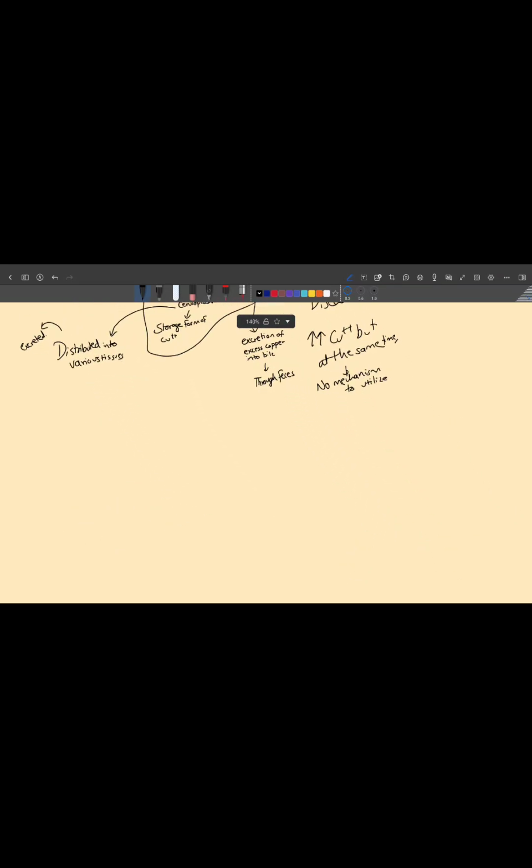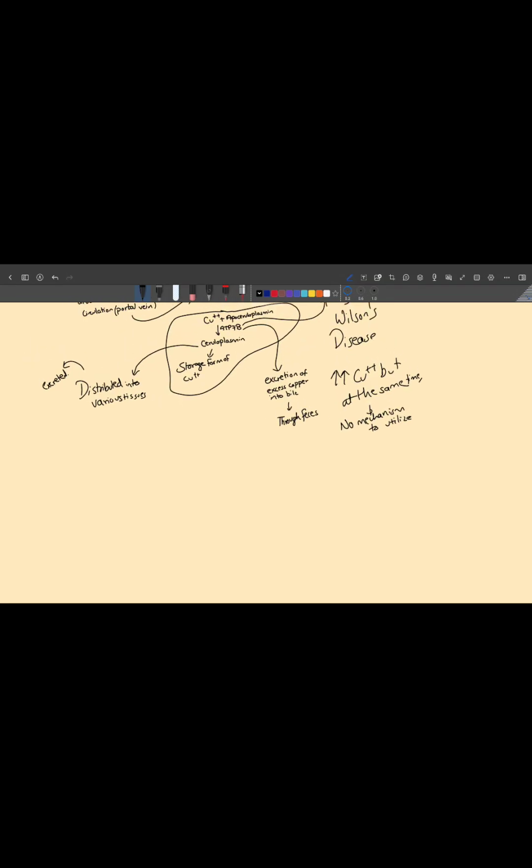Now what are the methods of diagnosis for Wilson's disease? One of the most commonly used is decreased level of ceruloplasmin. If you ask why, we have higher copper levels but no mechanism to utilize it, so the body will start using the present ceruloplasmin to compensate.